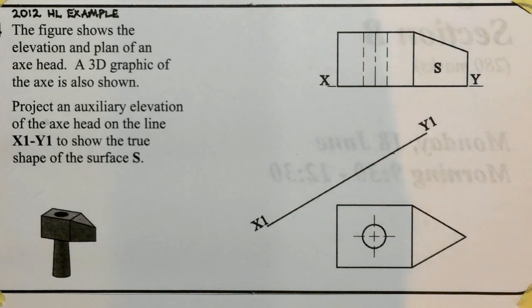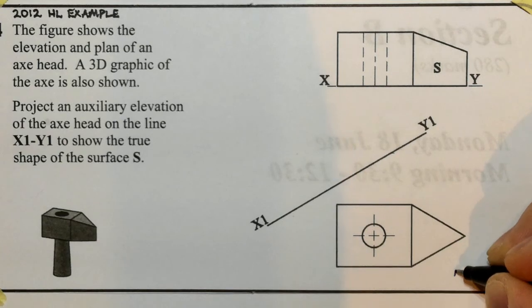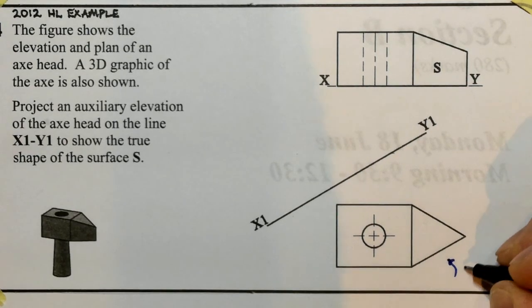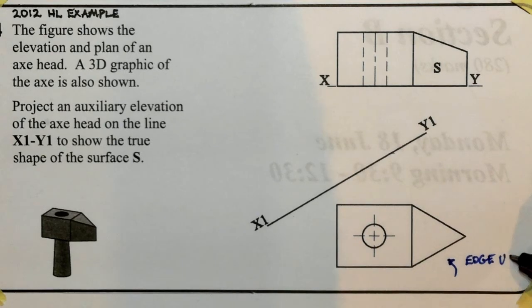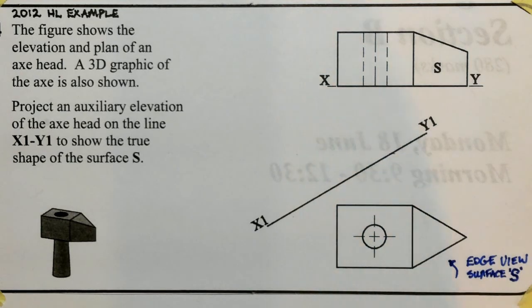And what we have here in the plan view, and I'm going to write a few explanatory notes as we go along, is the edge view of surface S. Now why is that edge view so significant?